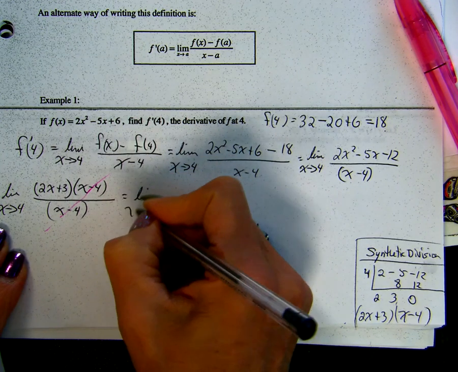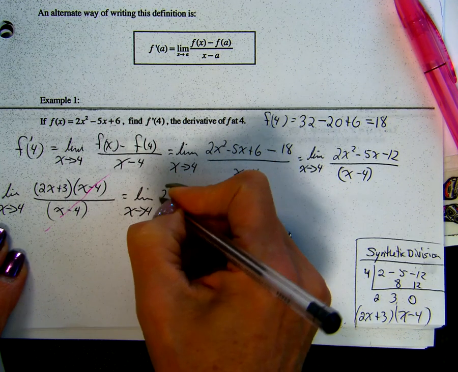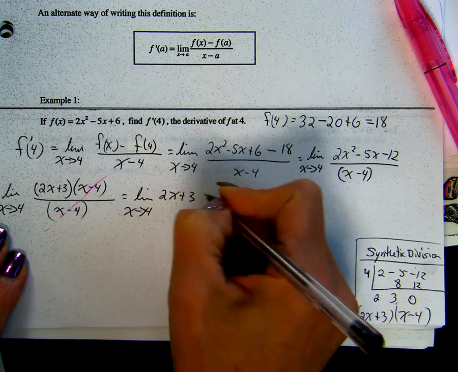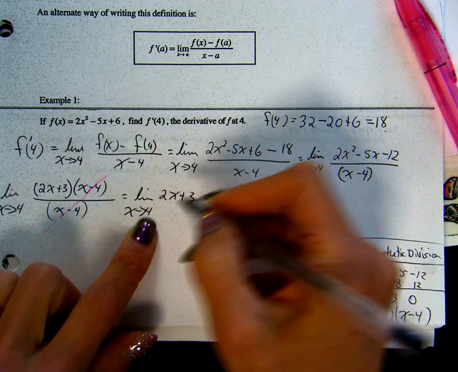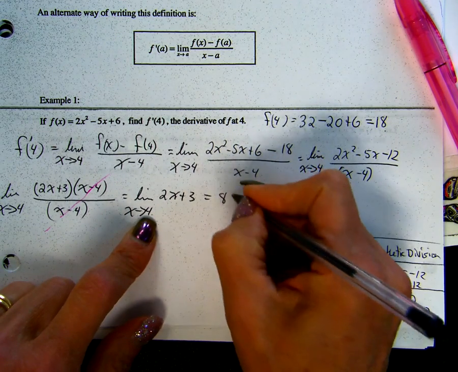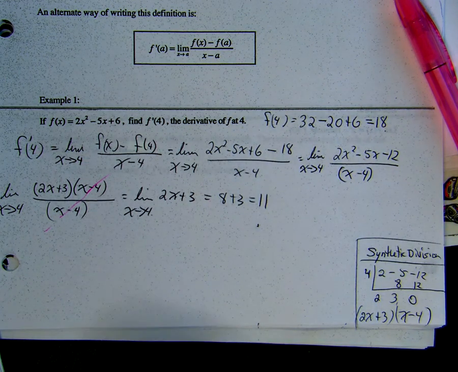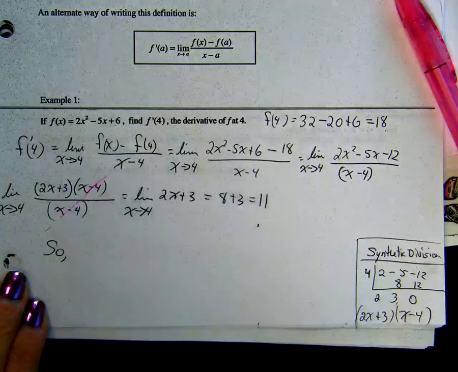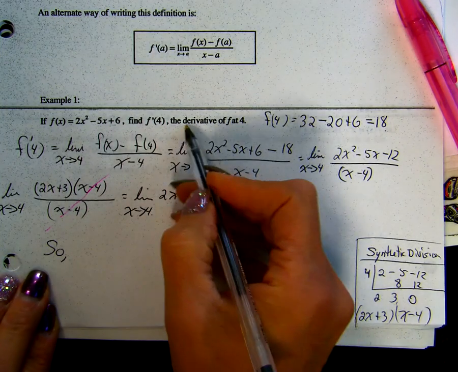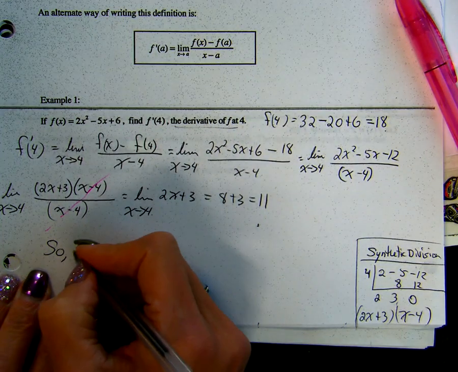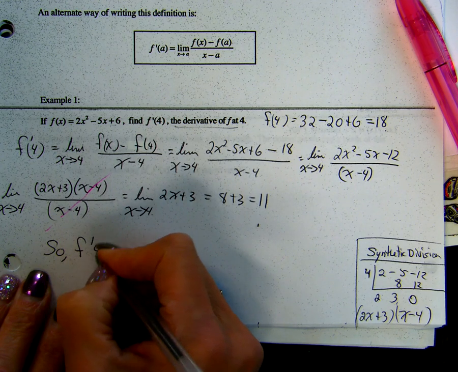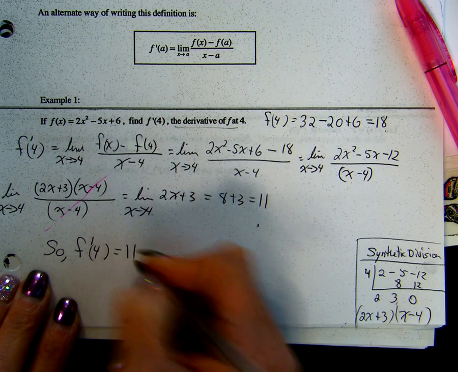The limit as x approaches 4 of 2x plus 3. And I can use direct substitution. I put 4 in for x, and I get 8 plus 3 equals 11. So don't get lost in all that algebra. What was the question? The derivative of f at 4. F prime at 4 is equal to 11.